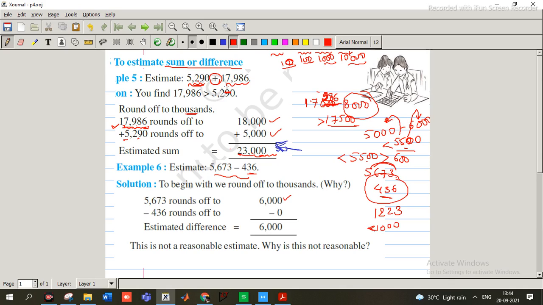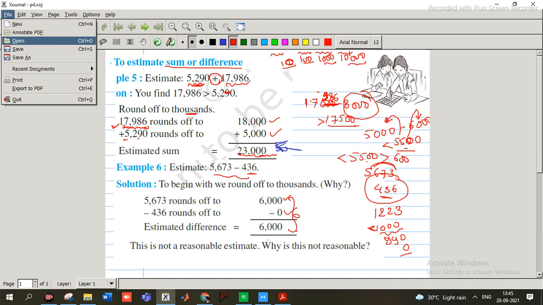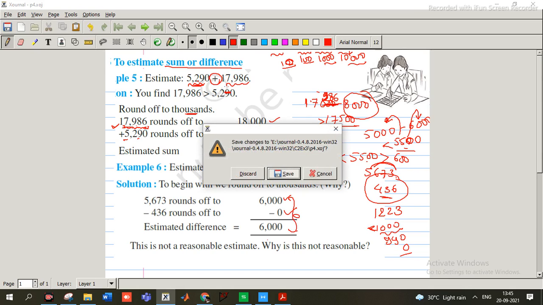If it is less than 1000 and I am rounding it off to the nearest 1000, then less than 1000 will always be 0. In this way, if I approximate, I'll get 6000. So let's move ahead.